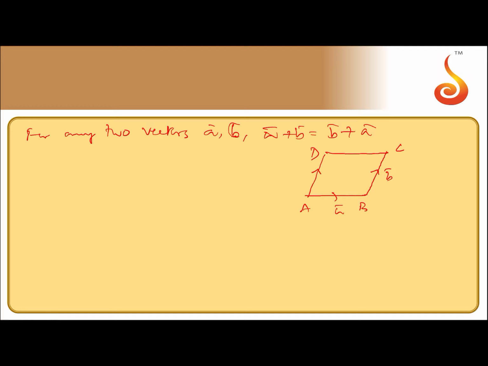So I say this is the B vector having the same magnitude and the same direction. In the same way, the AB vector is equal to the DC vector, that is also A.